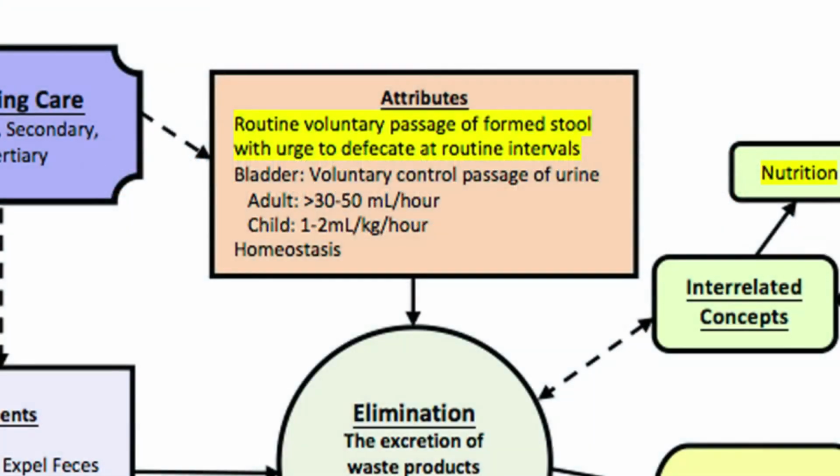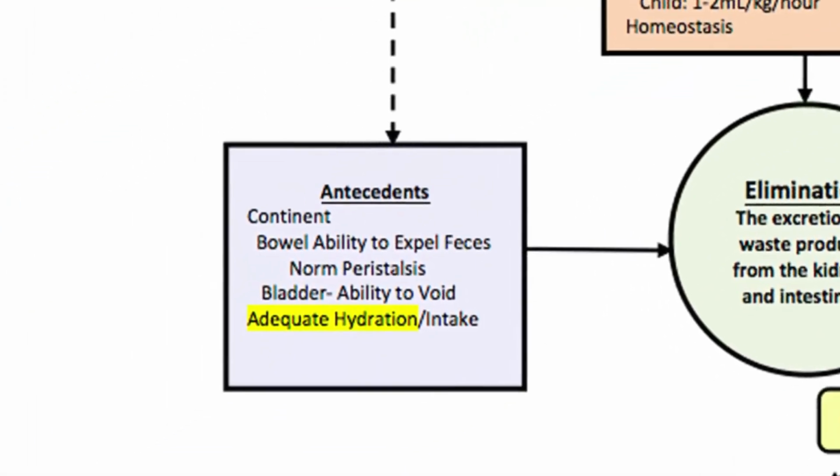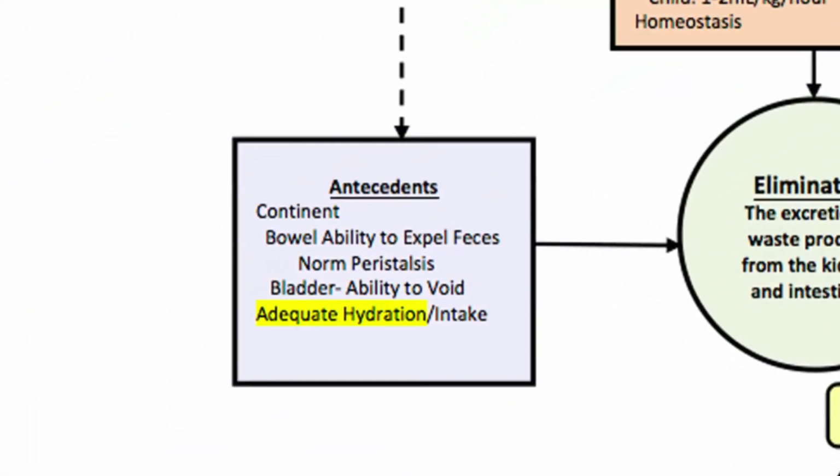So we're looking at a person who does not have routine voluntary passage. So when we assess her, we see that there's a problem. She doesn't have routine intervals of passage of bowel. She's not drinking, so she has limited hydration, and she's not expelling her feces.